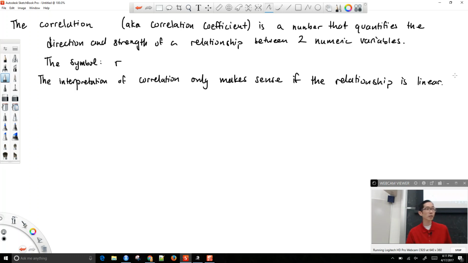Technically, you can calculate correlation. It's just a formula that you throw your numbers into.